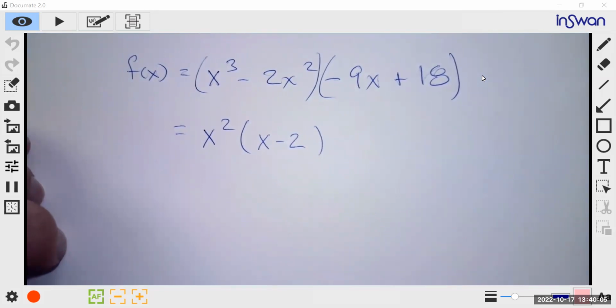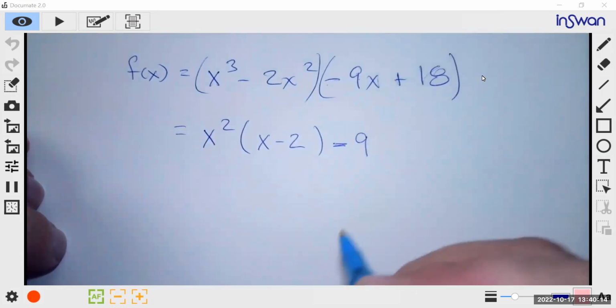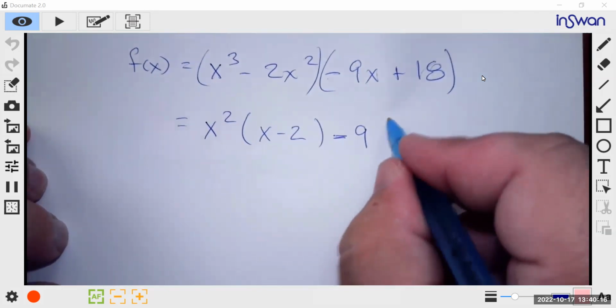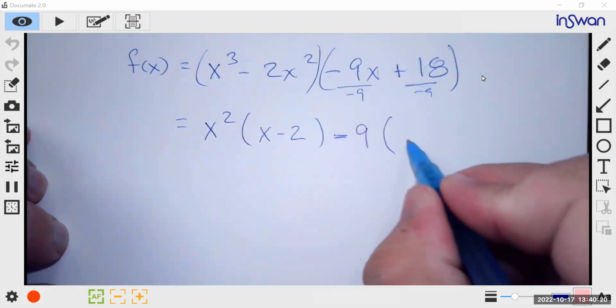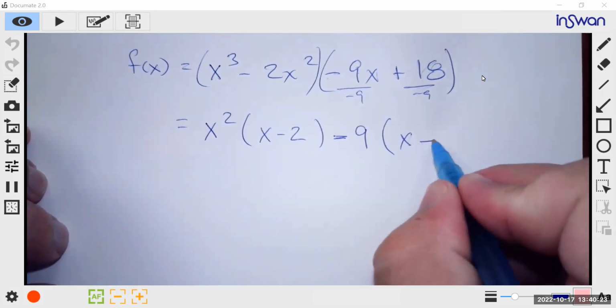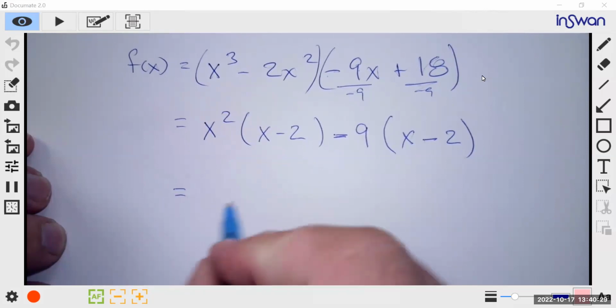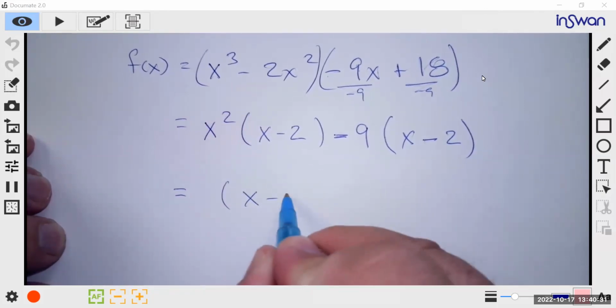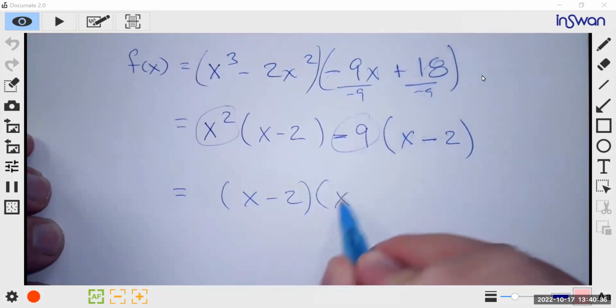What does the second one have in common? A negative 9. If I take out a negative 9, I just have x minus 2. Whatever's in the parentheses stays in the parentheses. The coefficients go in their own.